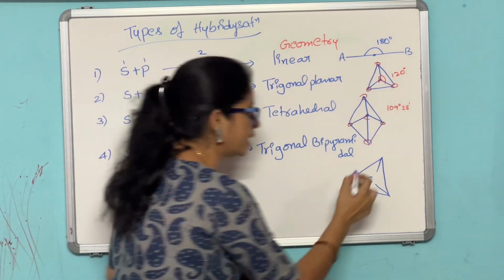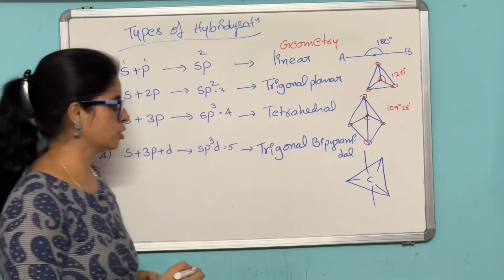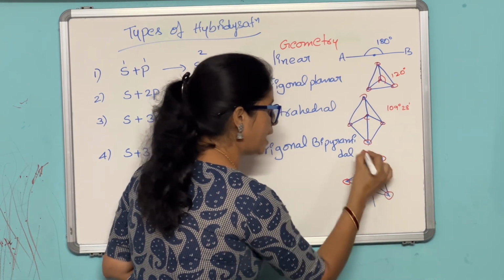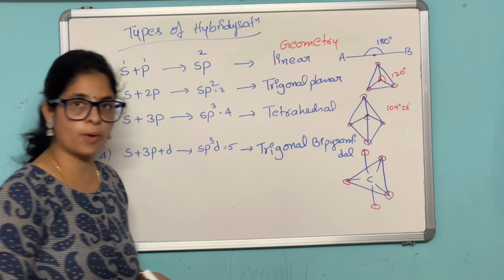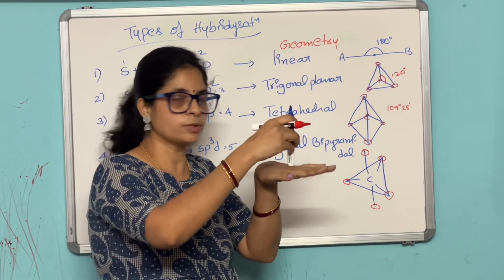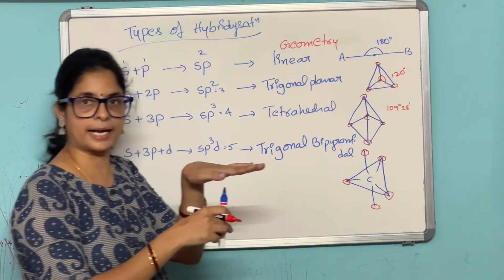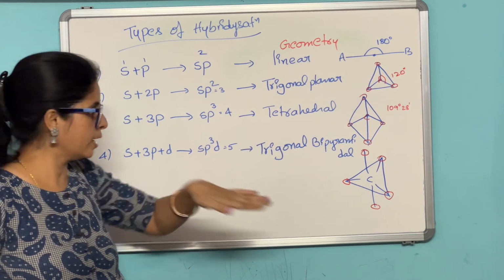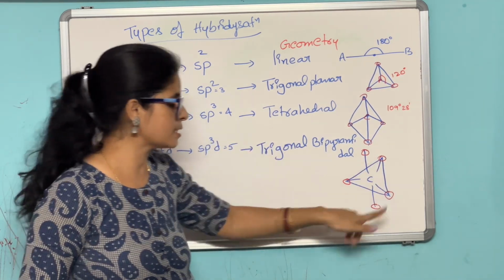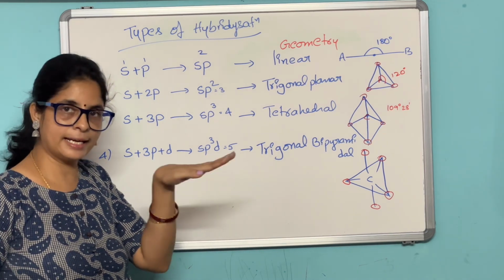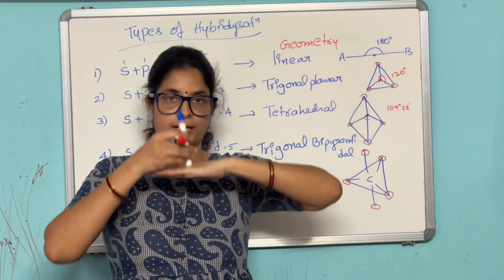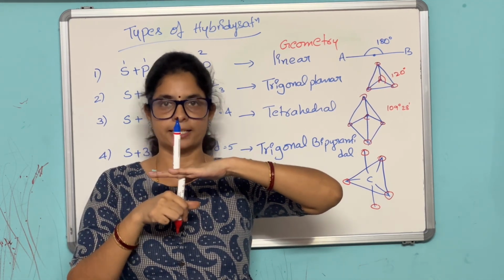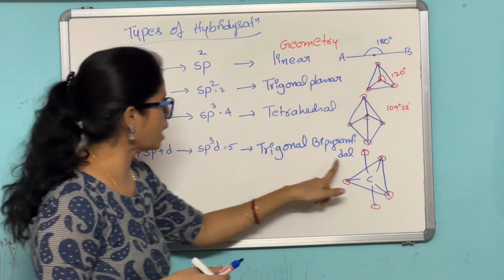So one atom here, 3 atoms in the triangle, one above and one below. Plane of paper representation is like this, but you assume the triangle like this. Clear? So this is trigonal bipyramidal geometry.